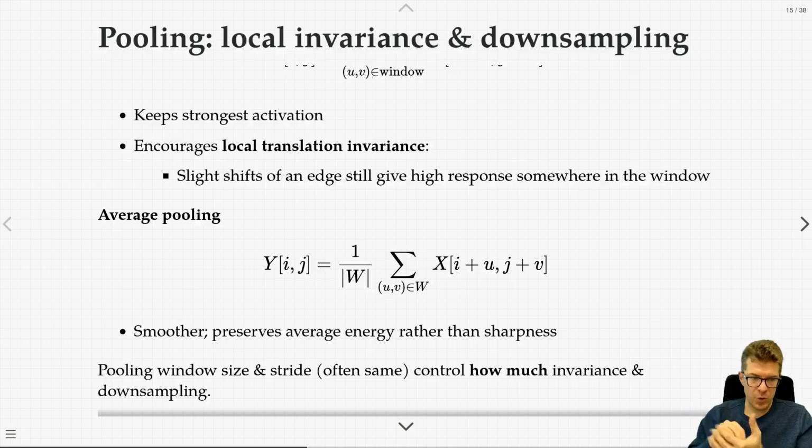And again, pooling window size and the stride are often hyperparameters. The same kinds of caveats exist with regard to them. They'll still control how much invariance you get and how much downsampling you get, like we saw before in the grid of animations with different strides and overlaps.